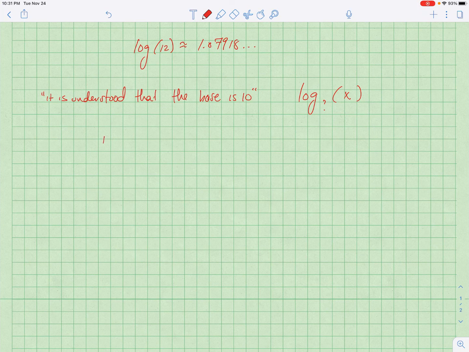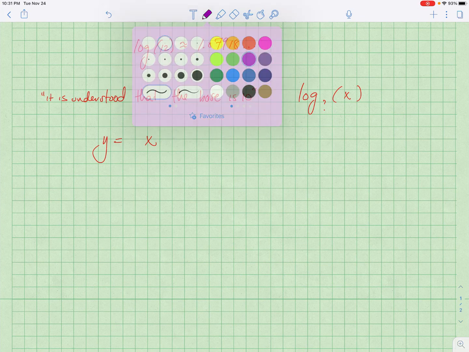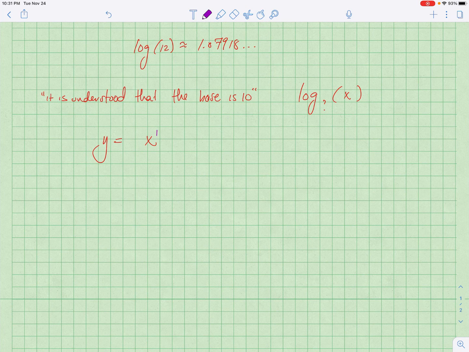For example, if I write y equals x, and I ask you, what power of x is that? Probably most of you would look at that and say, well, it's the first power. And I said, but I didn't write it. How do you know it's the first power? And you say, well, when it's not written, everybody just knows it's 1. You also know that this is a coefficient of 1, even though it's not written there, and we're actually adding 0 to it.